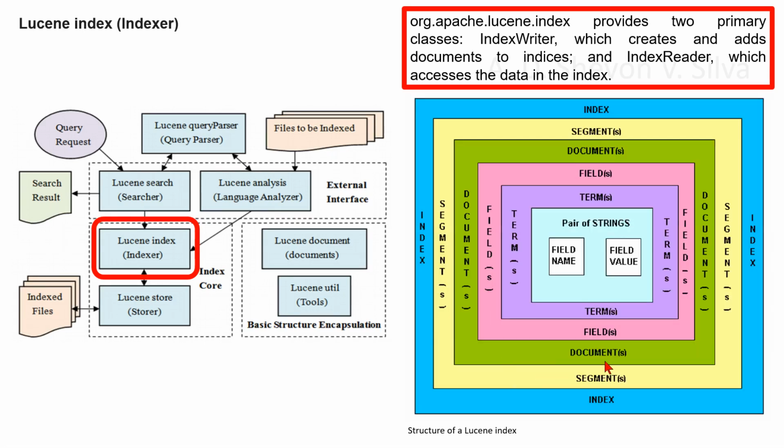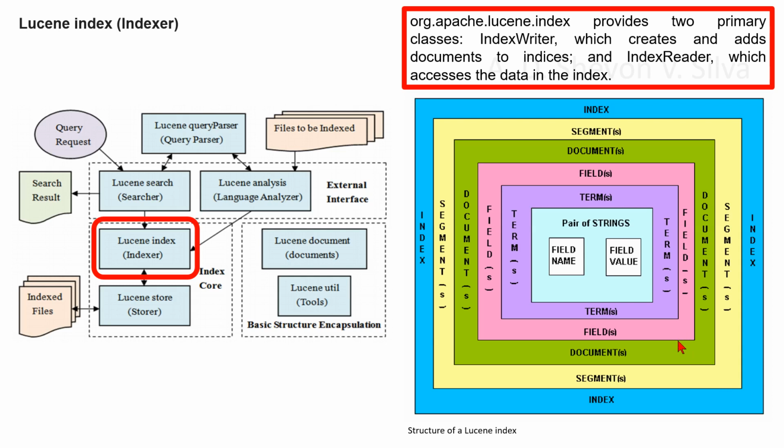Here you can see the structure of the Lucene index. The Lucene index is stored in a single directory in the file system on a hard disk. The core elements of the Lucene index are segments, documents, fields, and terms.